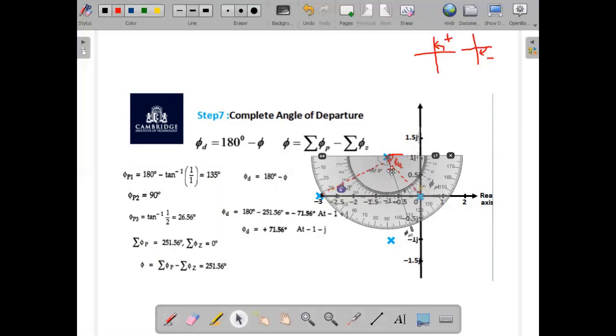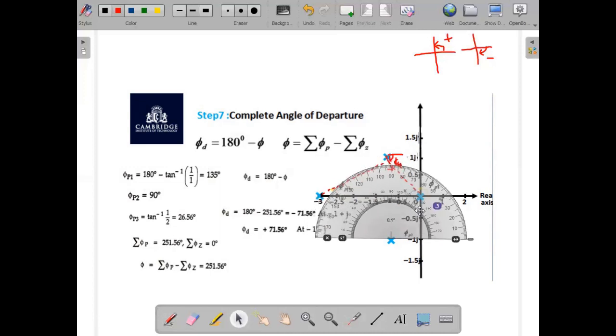Similarly, for the other complex conjugate pole, which is at minus 1 minus j, the angle of departure is given by plus 71.56 degree. As the angle is positive, we have to take the anticlockwise direction. So let me have the complex conjugate pole at minus 1 minus j as reference.